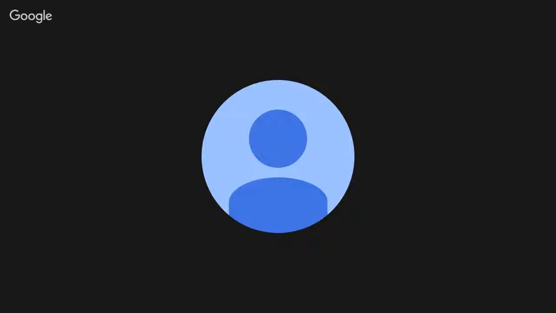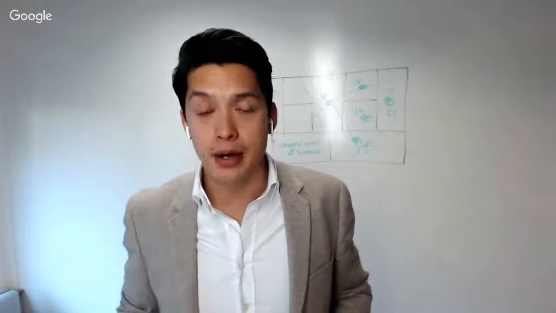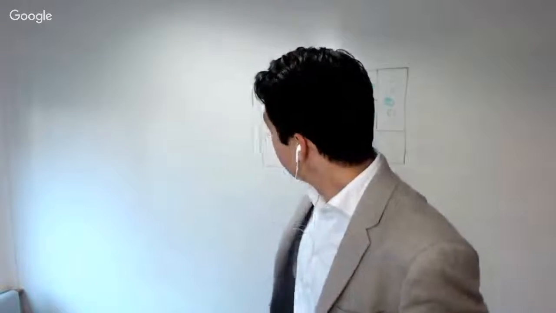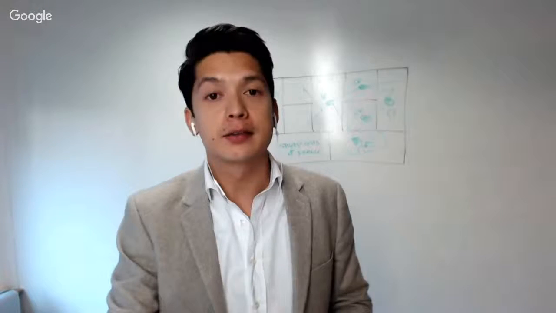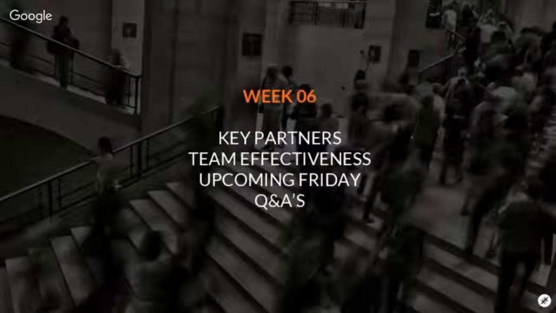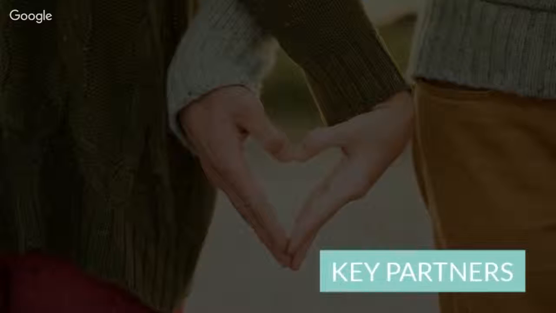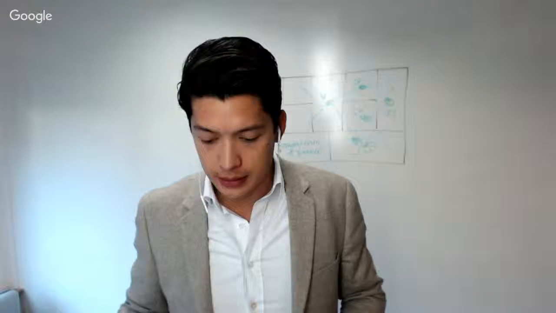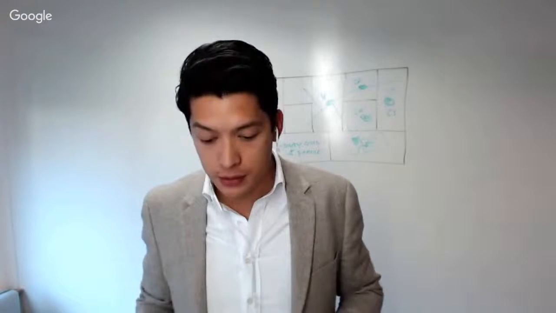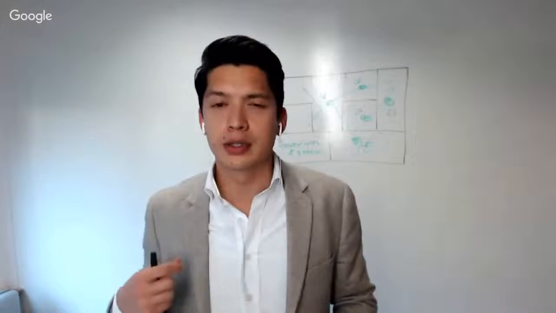So let's start with the topic of today, which is key partners, the leftmost building block of your business model canvas. What's interesting about partners is that these are other companies or other people that make your business model work. They provide you with the key resources.